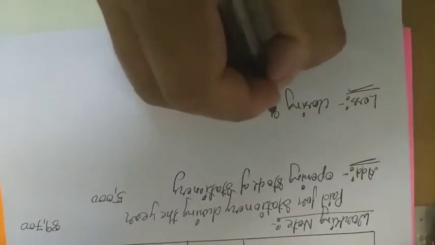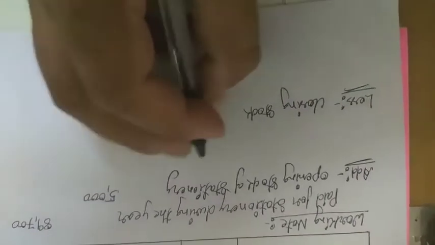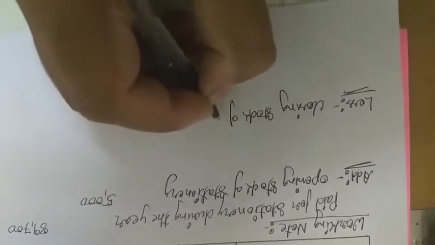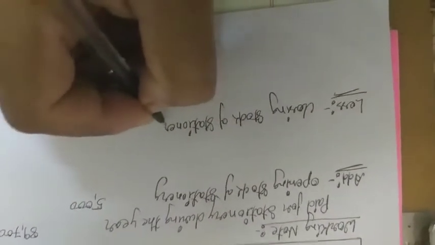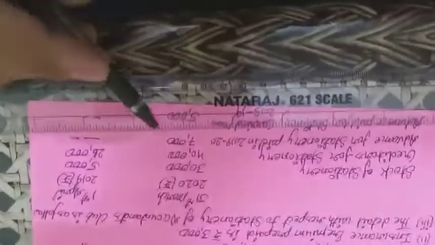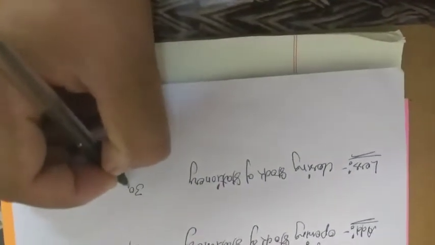Closing stock of stationery will be subtracted from here. Closing stock of stationery was 30,000 rupees. So 30,000 will be subtracted from here.